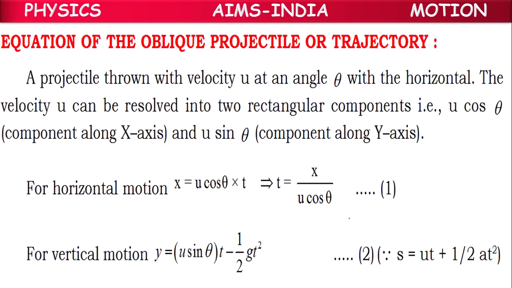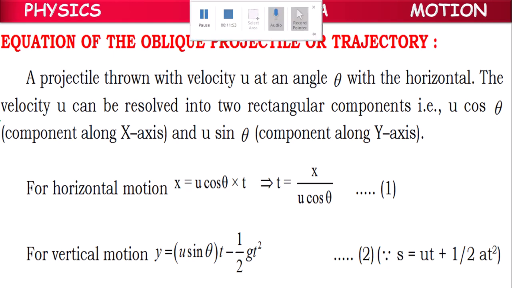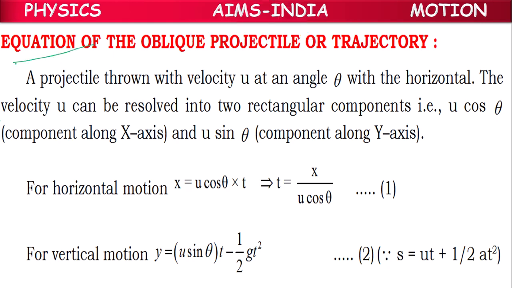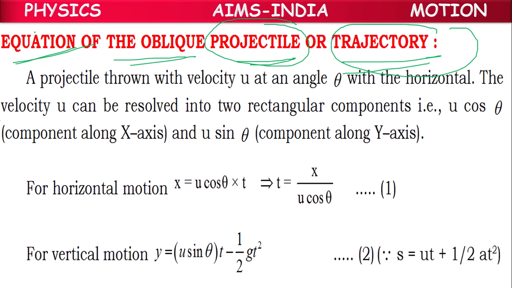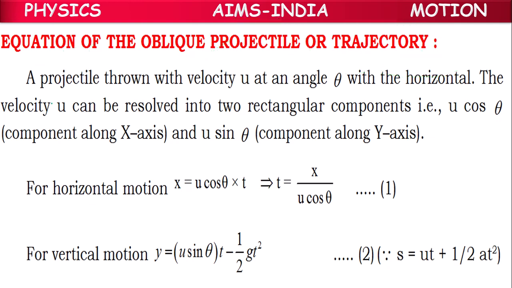Next, let's see some equations. The equation of the oblique projectile, or trajectory, because the path of a projectile is called a trajectory. We can call it the equation of oblique projectile or directly the equation of trajectory. A projectile is thrown with a velocity u at an angle theta with the horizontal.